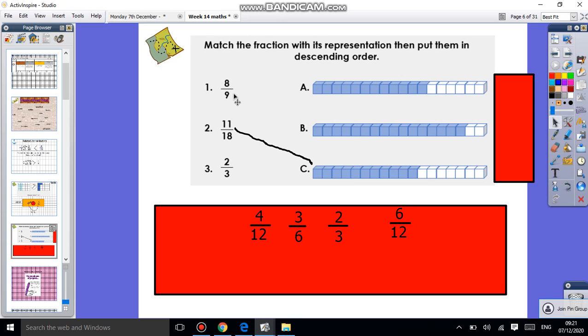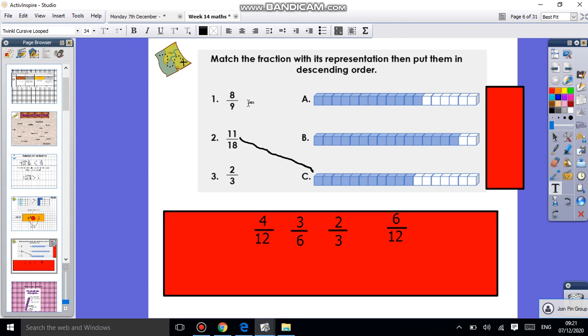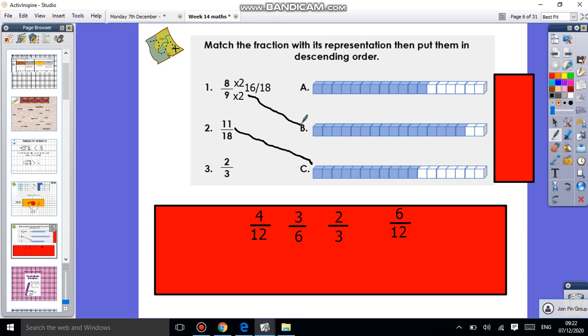Well, I know to get from 9 to 18, I need to times by 2. Therefore, I'll be doing 8 times 2, which will give me 16/18ths. Okay, so that one goes there, because that's also 16/18ths.